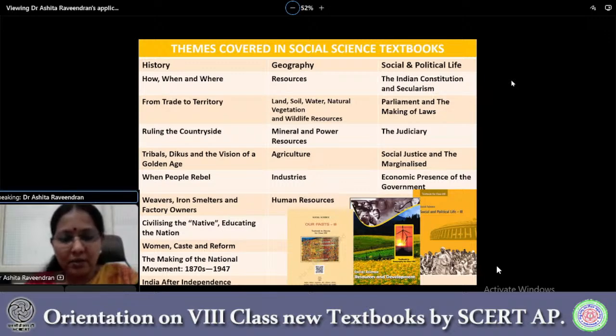This will help the learner understand what is happening and how to interpret it, and also understand the views. Today when I am reading a newspaper, not everything that comes in it is correct information or fact.